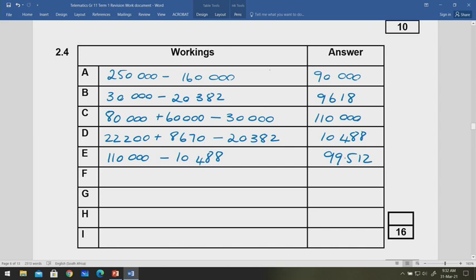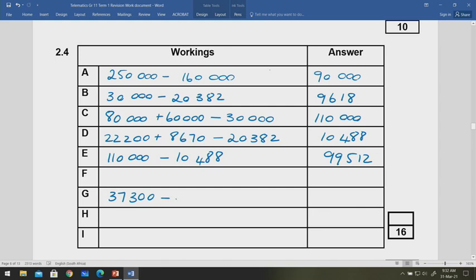Number F, the carrying value at the beginning, you can't calculate that before you calculated information G. Information G can be calculated because you know that the total accumulated depreciation at the end of the year is 37,300.